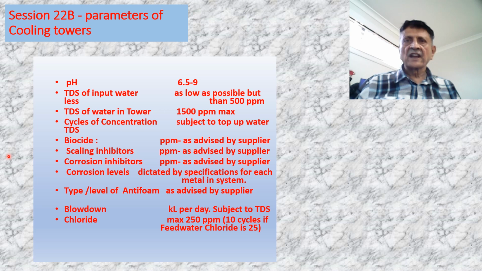The chloride is generally derived from the town water or municipal water because of the addition of chlorine for drinking purposes, and therefore this may be as much as 250 ppm. That includes the chloride within the water as well as added chlorine that has been converted to chloride. But the 250 ppm is the maximum we should allow in the cooling tower, above which the corrosion can be very serious.